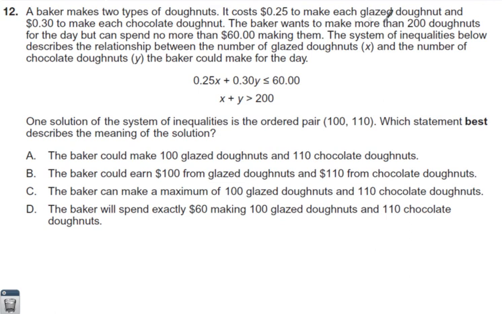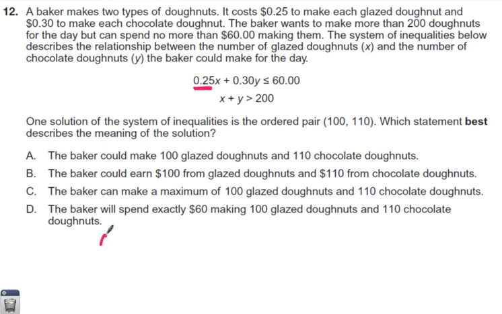Look, more than 200 donuts total. And then the fact that we want to spend no more than $60. So this system is already written for you. You just need to figure out what X would need to represent. Like, what would be multiplied to the 0.25? 25 cents per glazed donut.